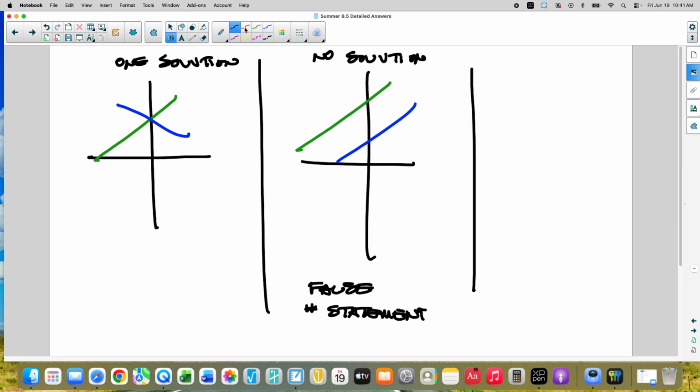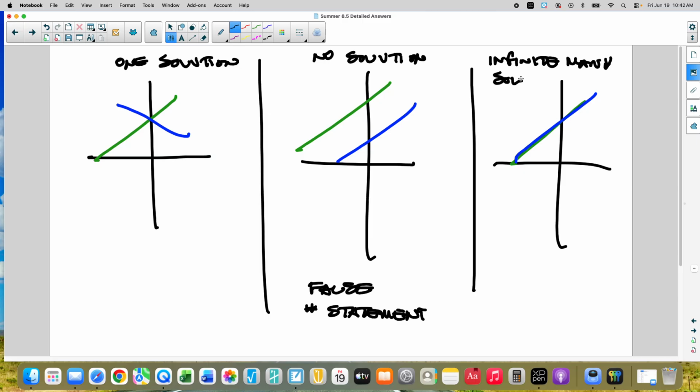And then when you have two lines and they're the same lines, that is infinitely many solutions, and this is a true number statement.